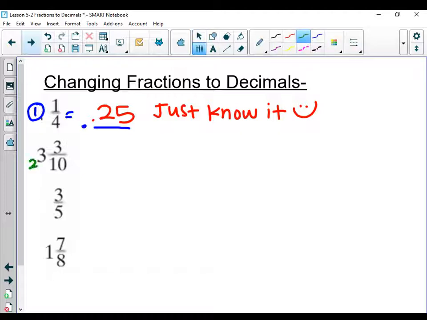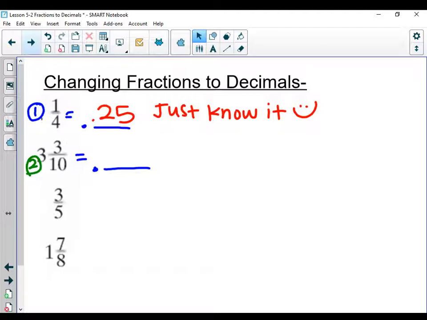Okay, strategy 2. I want to make this a decimal number. First of all, notice there's a whole number.